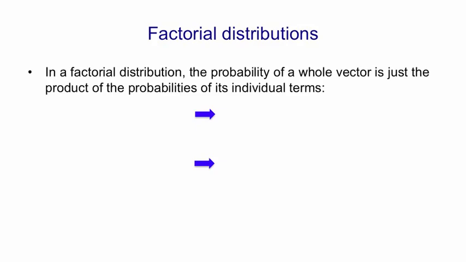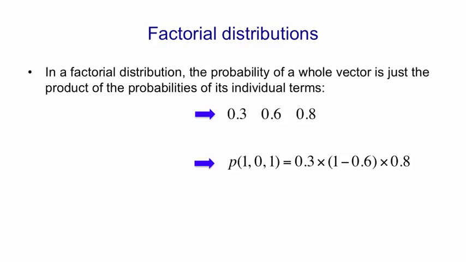So let's quickly look at what a factorial distribution is. In a factorial distribution, the probability of a whole vector is just the product of the probabilities of its individual terms. So suppose we have three hidden units in a layer, and they have probabilities of being on of 0.3, 0.6 and 0.8.